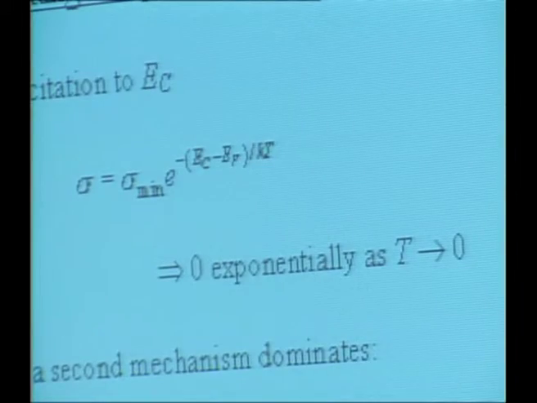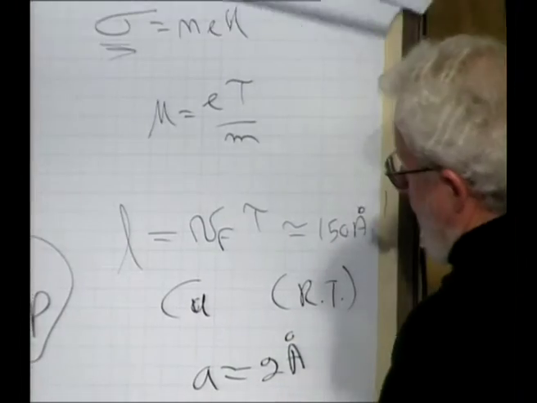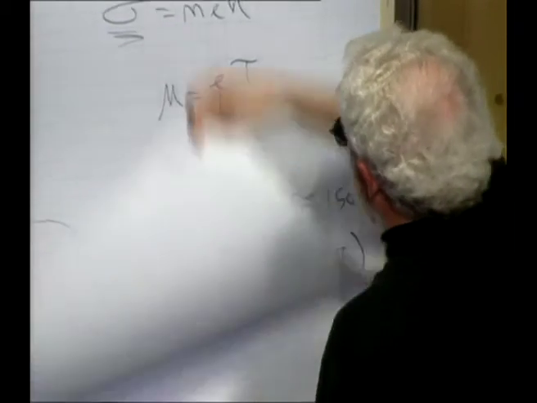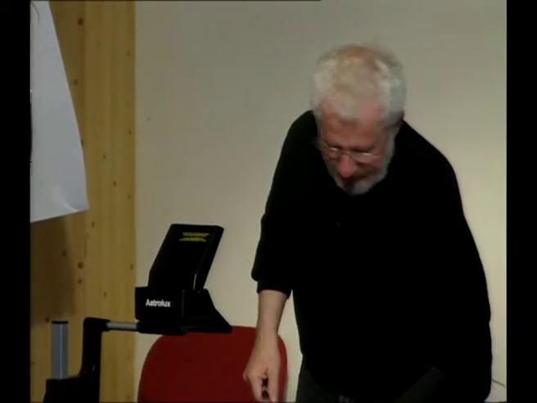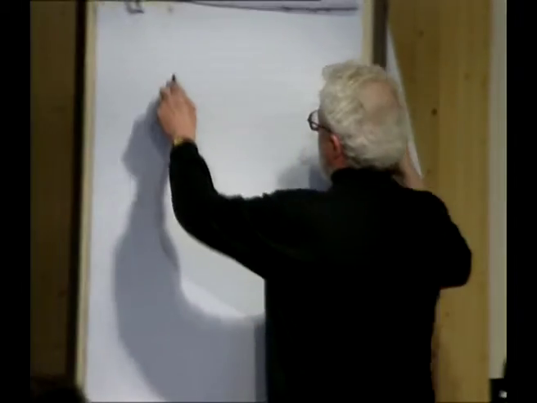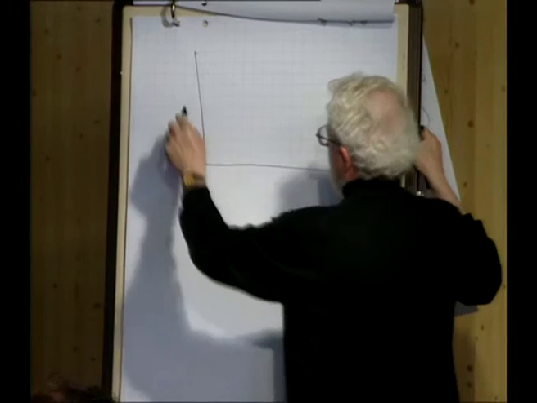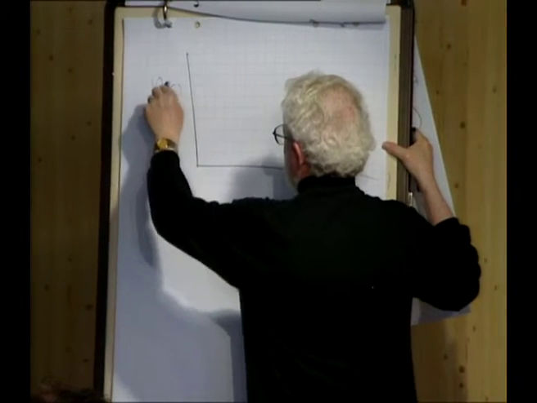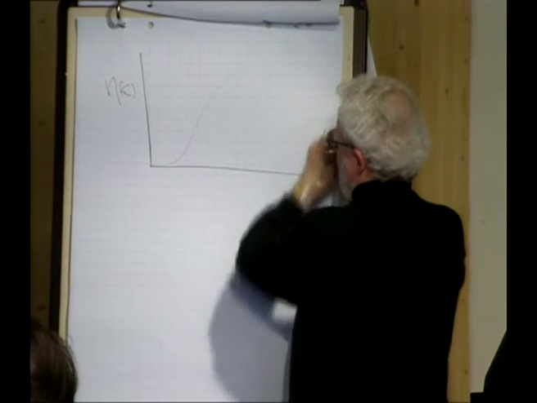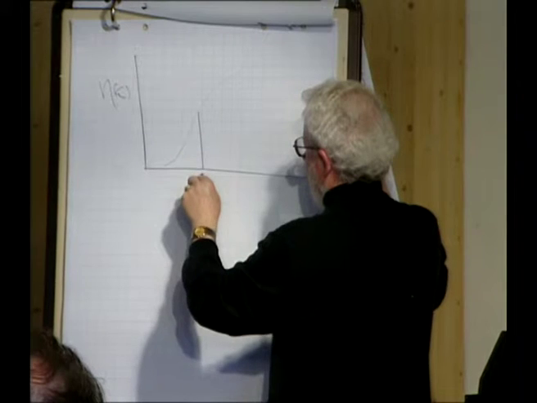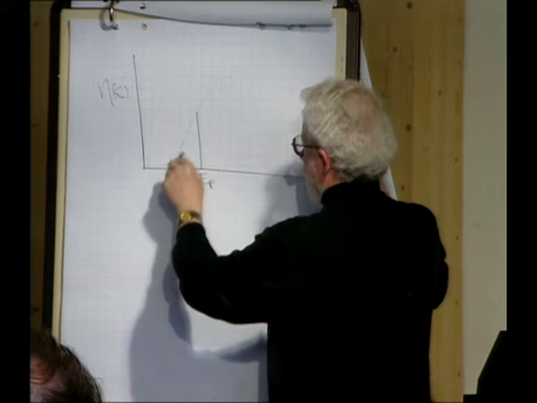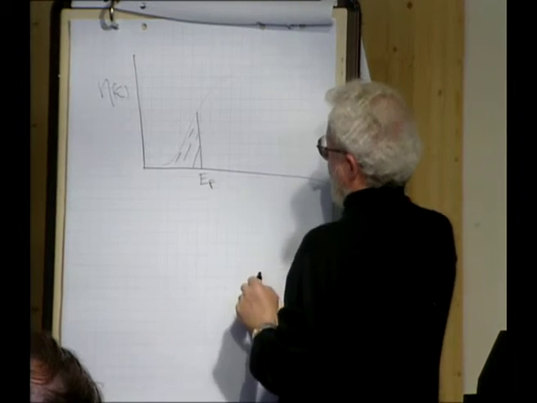There are two limits here. Let's talk about two different cases. The first case is a very simple one, where the density of states looks like this. Let's say I've got a Fermi level here. All these states are filled, and that determines how many electrons I have. I've got a mobility edge here.